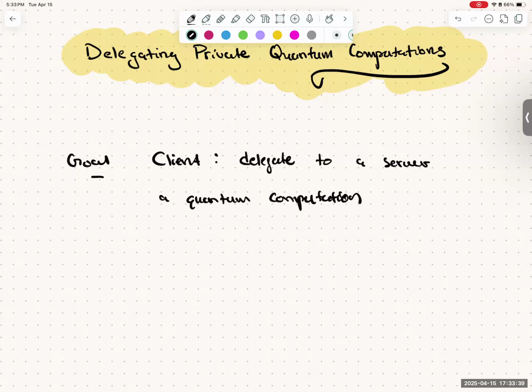These are the two main parties, the client and the server. Delegate to a server a quantum computation without the input or output being known to the server, of course.